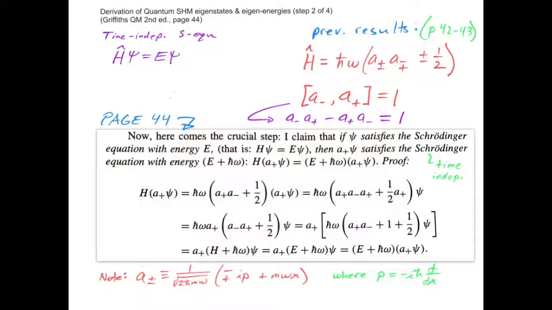All right, so let's sit back and take stock of what's happened here. What we've shown, in essence, is if we could just solve this equation and find one eigenstate of the Hamiltonian and one corresponding eigenenergy, then we can construct another state with h bar omega more energy than the first one by taking the original state and operating on it with the a plus operator.